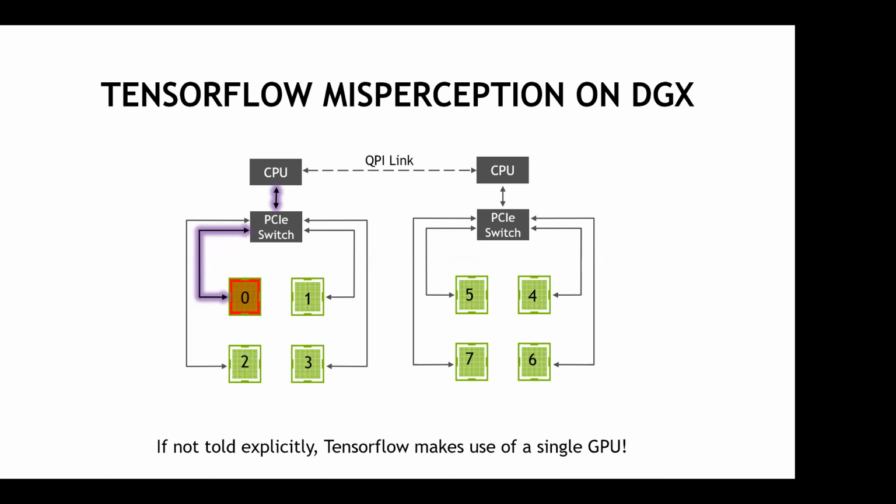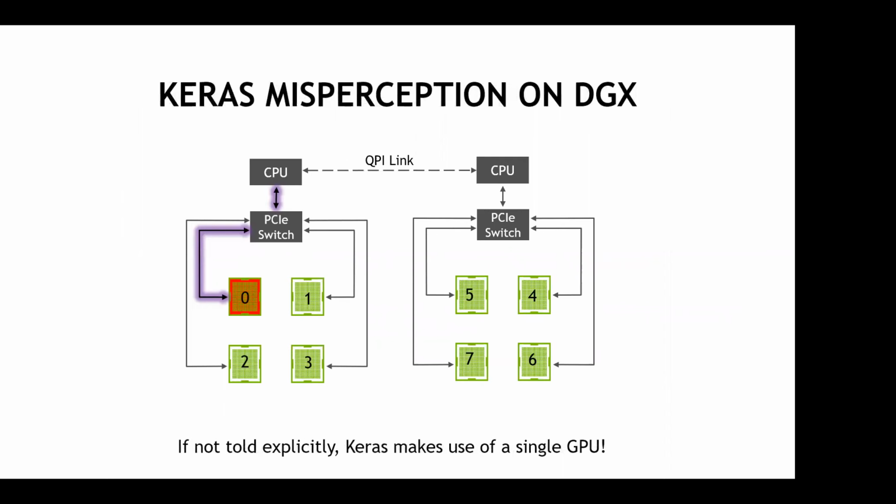And I compare it with my young boy. If he's at the table, he likes to fill his plate with more stuff than he can consume. And that was the default behavior from TensorFlow. So basically allocate everything, but only eat a little bit. Same with Keras.